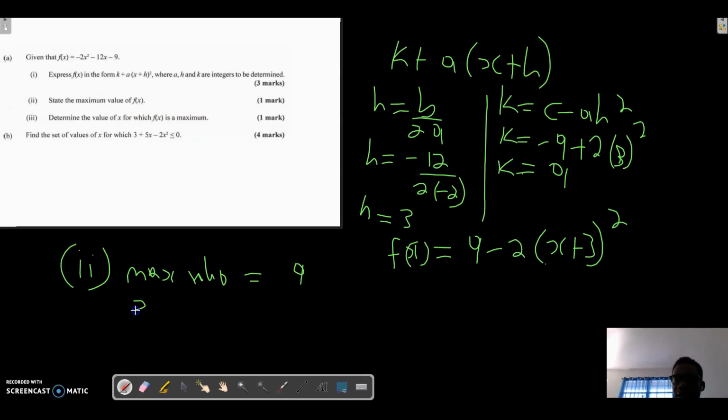So we're going to have x plus h equal to 0, and h is 3, so x plus 3 equal to 0. x is equal to minus 3. So you can say, therefore, the value of x for which f of x is a maximum is negative 3. Alright, so remember your statements are important, so please input them.